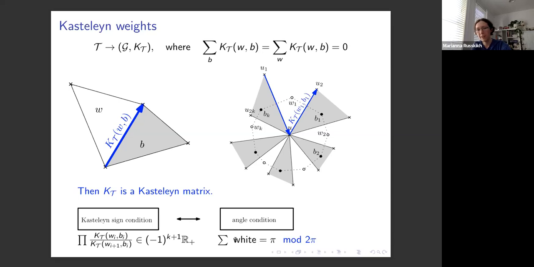But in our case, it's just pi because we have an embedding. Therefore, weights defined in such a way on our bipartite graph are Kasteleyn weights.